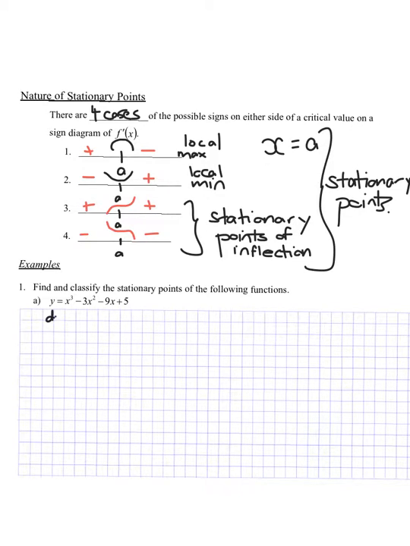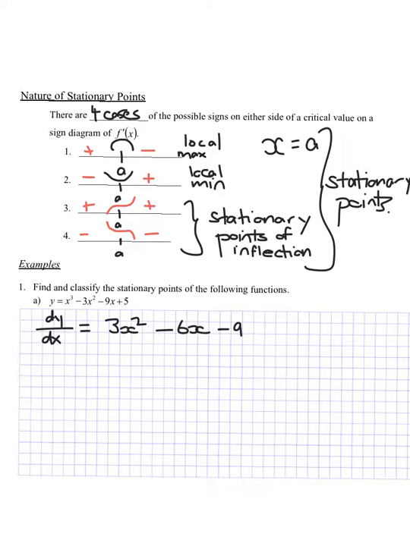We're going to do dy on dx equals, now we're going to use the power rule, so we're going to multiply down and subtract 1. 3x squared, multiply down, take 6x, subtract 1, multiply down, we've got 9x, so that's really 9x to the 1, so we multiply down, we're just going to get 9. And then of course the derivative of 5 is always 0. All right, so we found the derivative.